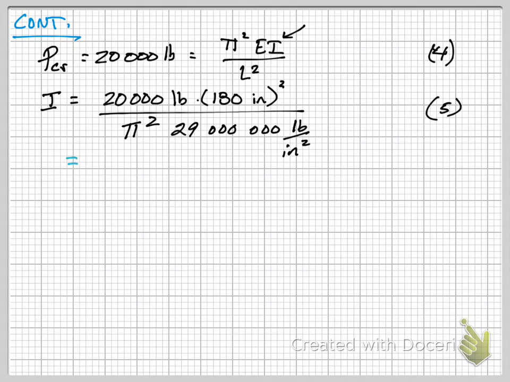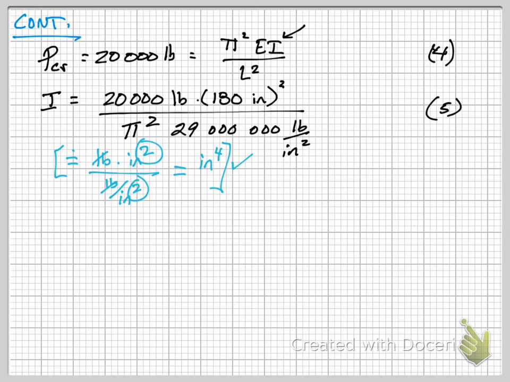Doing my little unit analysis on the side here, I have pounds and inches squared, and I have pounds and inches squared. So the pounds cancel, and I end up with inches to the 4th, which is what I want.